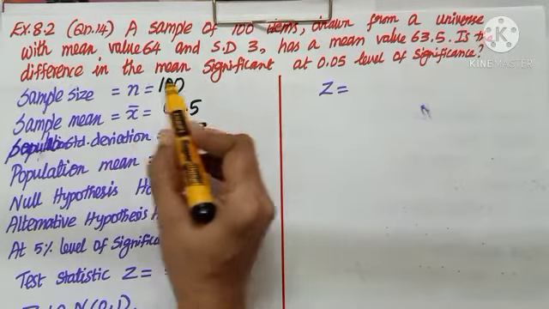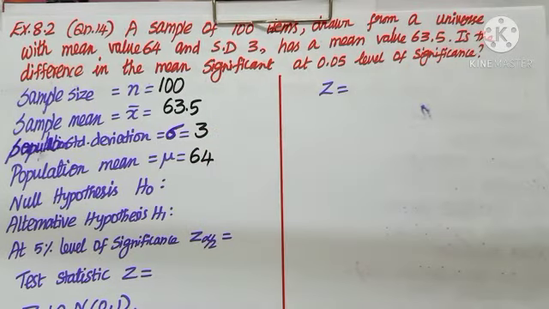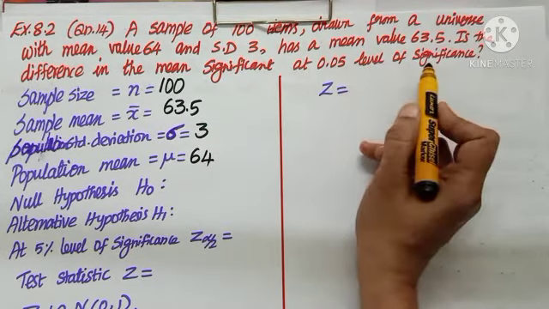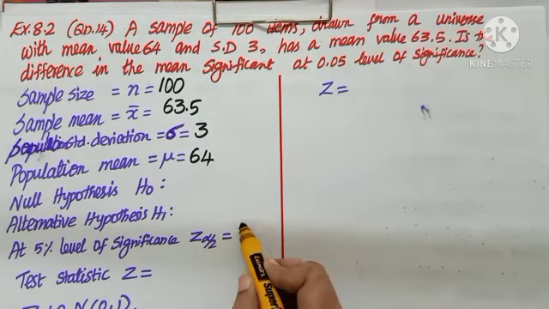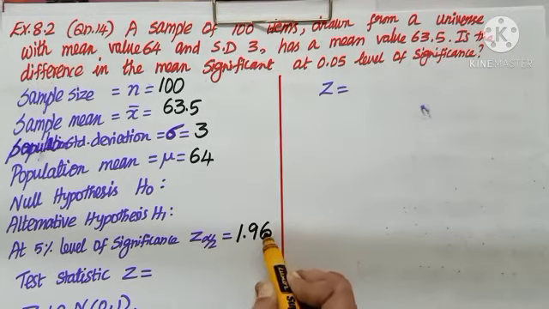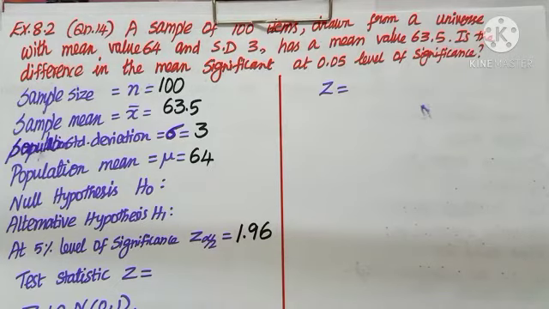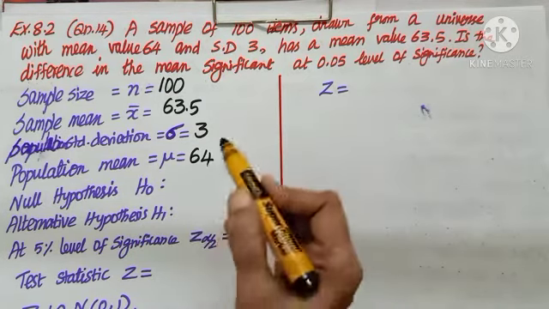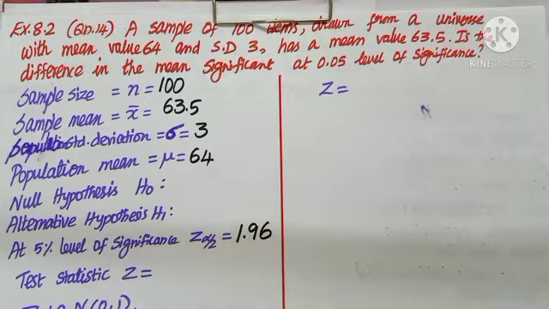Is the difference between the mean significant? 0.05 level of significance. We remember the value 1.96 when it is a two-tailed test. Null hypothesis H0. Since we are going to test it in all the problems, remember to write it.